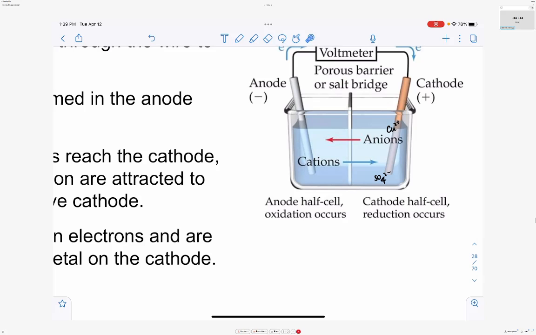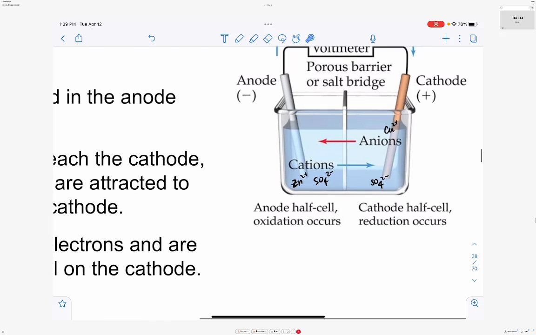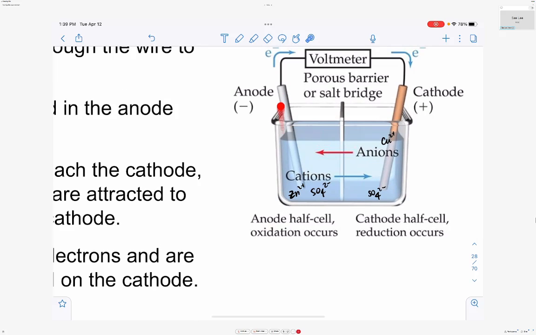The left half cell, let's say, contained zinc and sulfate. You have zinc 2 plus and sulfate 2 minus floating around. Oxidation in the anode, oxidation of the zinc metal, right? Oxidation of a piece of zinc metal will generate more and more zinc 2 plus.